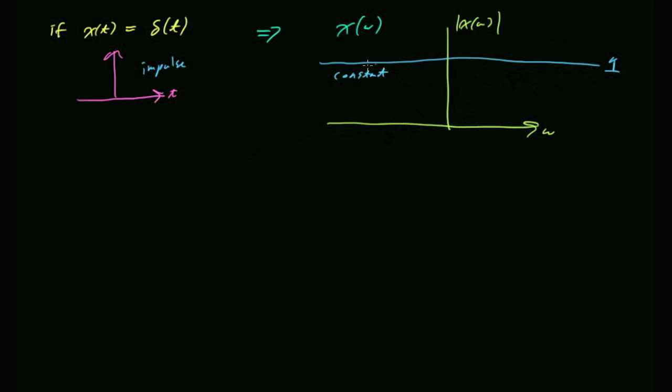And I mean all frequencies. You can't actually make one of these in real life, right? There's no button on your function generator that says impulses. So this is largely a mathematical tool, but it's a phenomenally valuable one. An impulse has all frequencies in it at the same time.